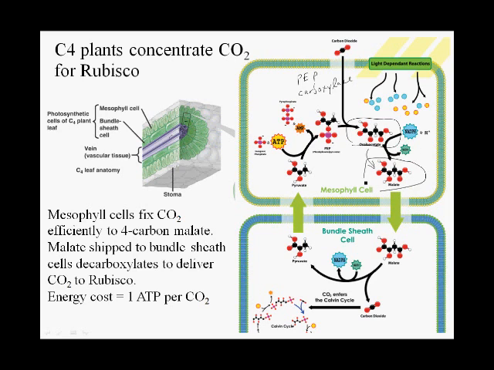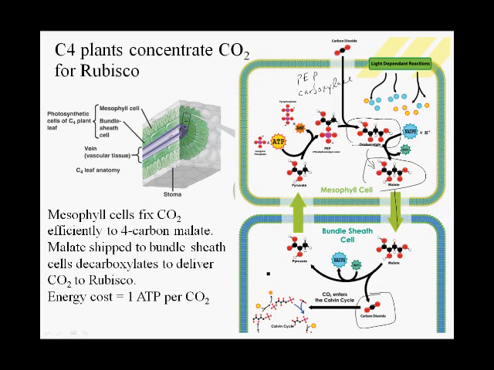This 4-carbon malate is transported to the bundle sheath cell, and this malate then is decarboxylated and releases carbon dioxide inside the chloroplast of the bundle sheath cell.